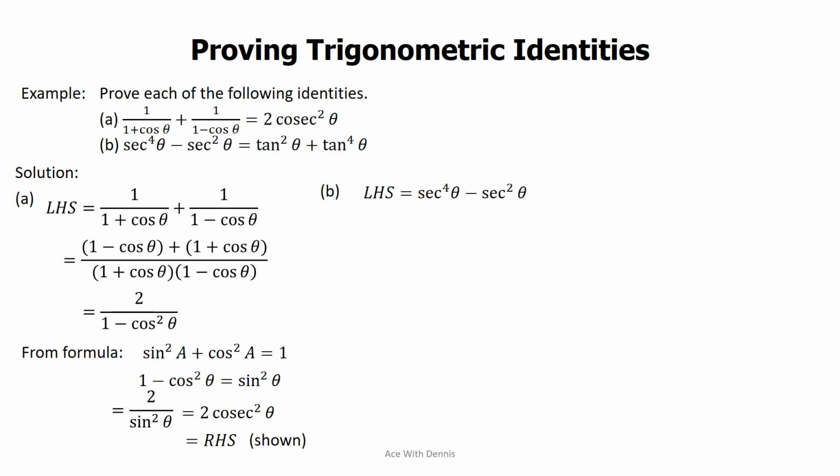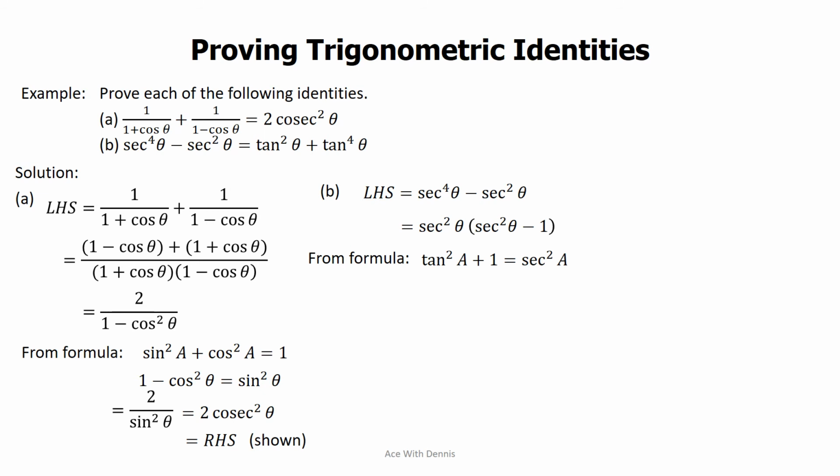For B, I start from the left hand side, which equals secant to the power 4 theta minus secant square theta. I can factorize secant square theta. It becomes secant square theta times the bracket secant square theta minus 1.